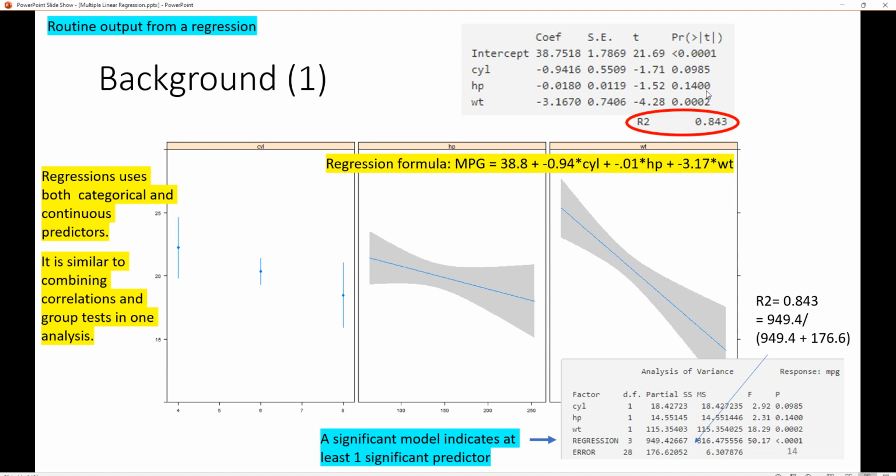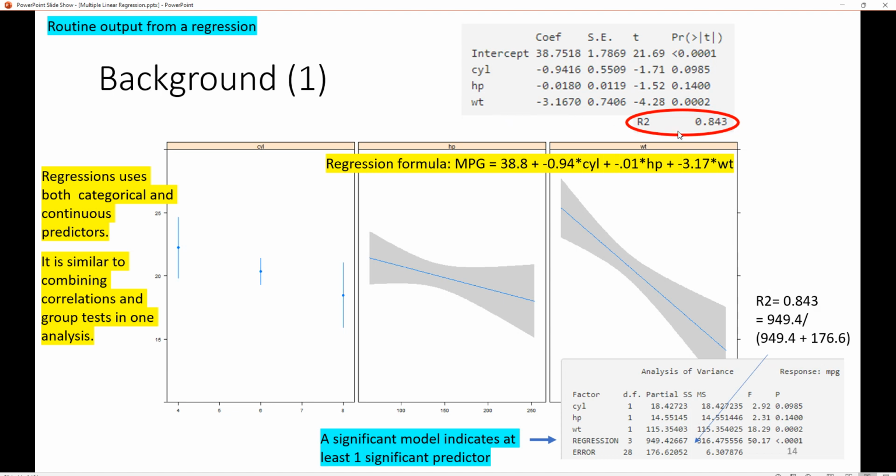So say for horsepower, it's 0.14. So if we were to state that horsepower is important, then there's about a 14% chance we're going to be wrong on that. So we usually shoot for a value below 0.05. For weight, we see that's clearly below 0.05, so we'd call weight a significant predictor of MPG.